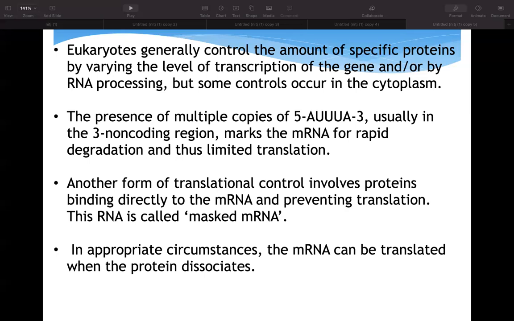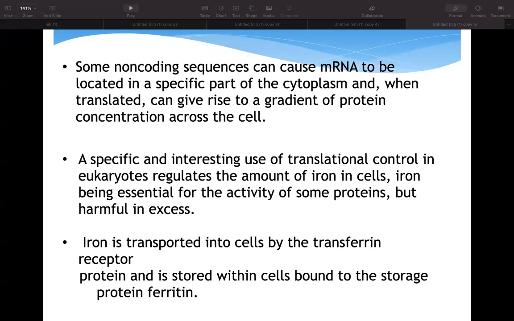In appropriate circumstances, the mRNA can be translated when the protein dissociates. In the cytoplasm, some non-coding sequences can cause mRNA to be located in a specific part of the cell. When it is translated, this gives rise to a gradient of protein concentration across the cell.